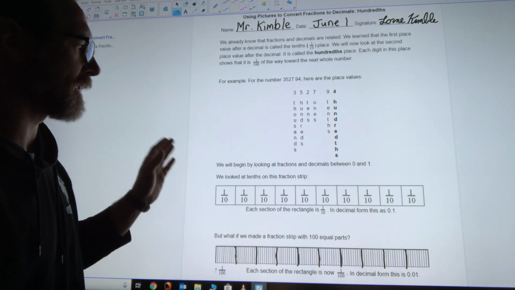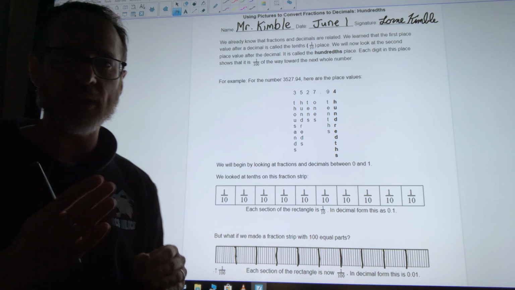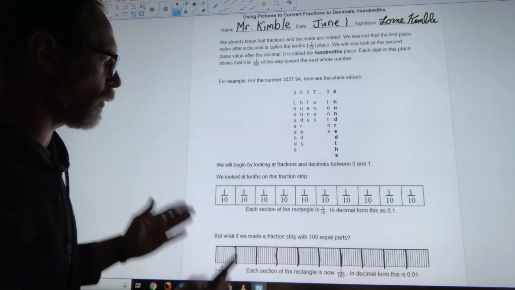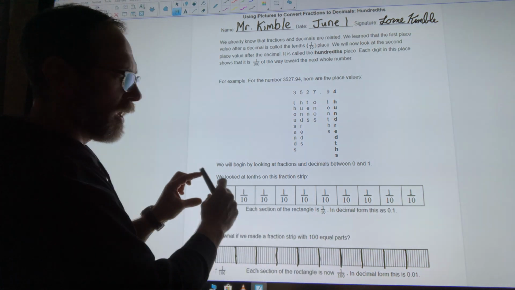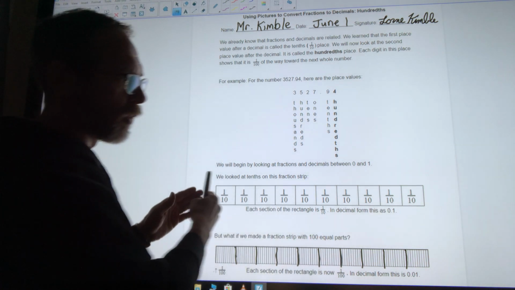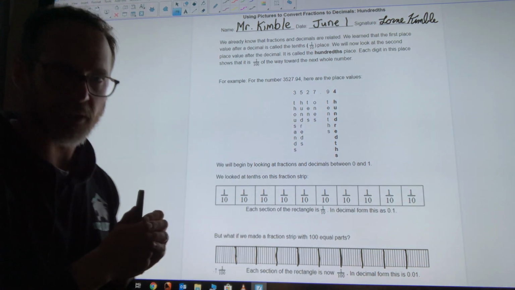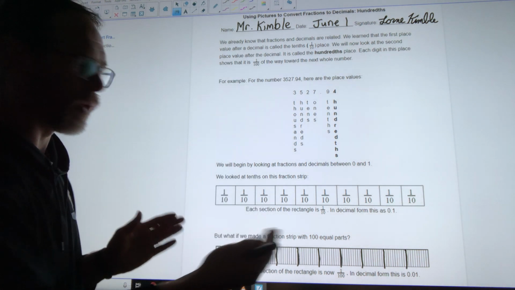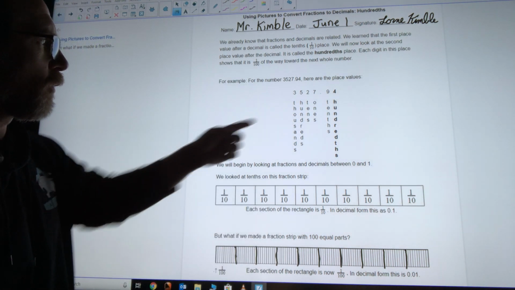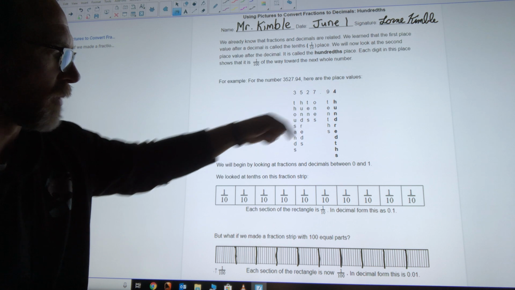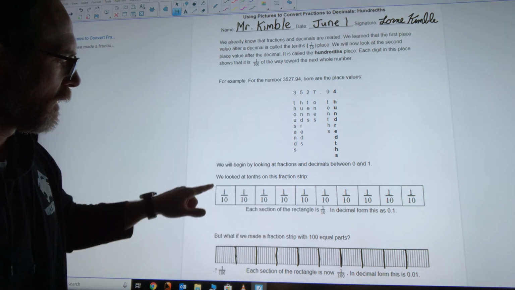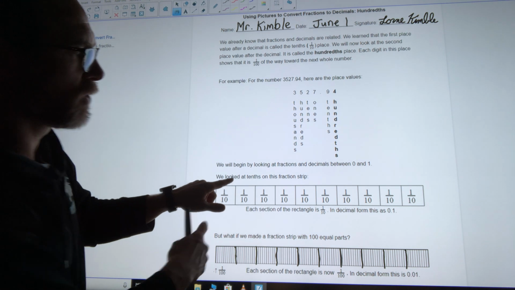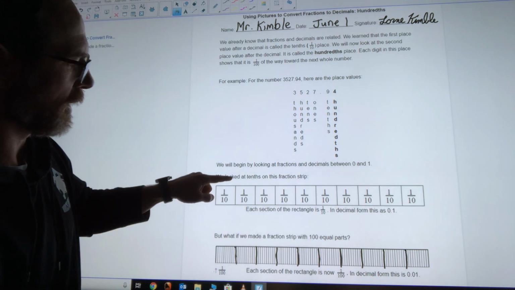We're going to look at what happens when we're working just between 0 and 1. So if we have a fraction strip and we're starting at 0 and working our way across the fraction strip, how far do we go on each step? Now, if we're one place past the decimal, we are going 1/10 each time. So here is 1/10 of the way towards the next one.